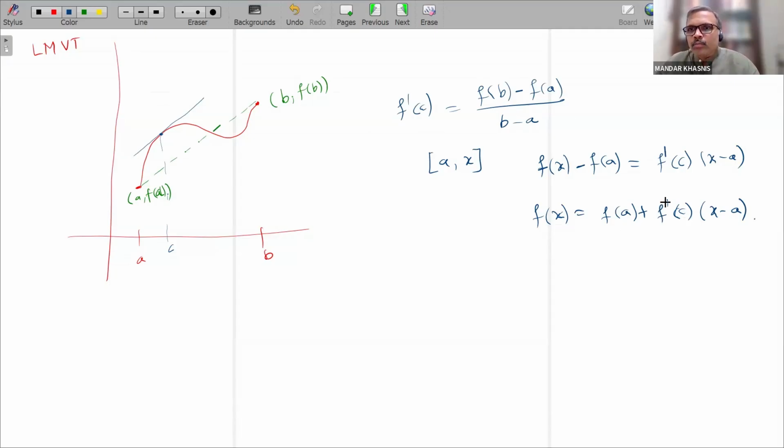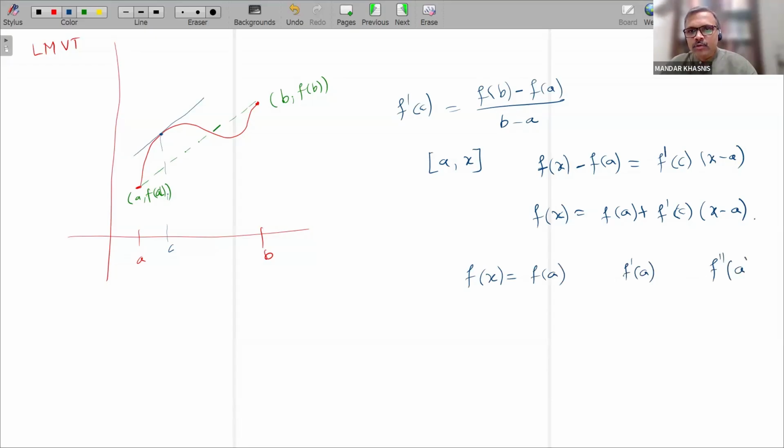Then if you want more derivatives to get involved, what you get is Taylor's theorem, ideally. Of course, if I want to write equality, then this has to be some point between a and x. But with maturity, one can say f(x) can be retrieved using the values f(a), f dash a, f double dash a.